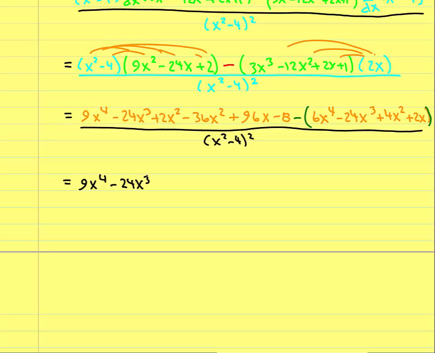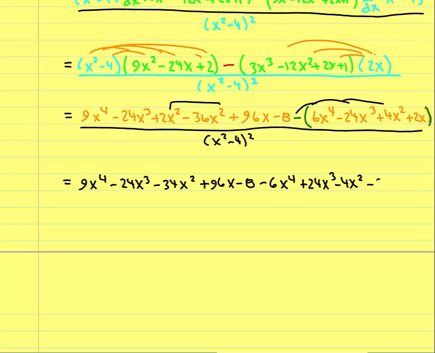I could combine some like terms, I guess. So 2x squared minus 36x squared would be a negative 34x squared plus 96x minus 8, and then I'll take the negative and distribute. So I have a negative 6x to the 4th plus 24x cubed minus 4x squared minus 2x.